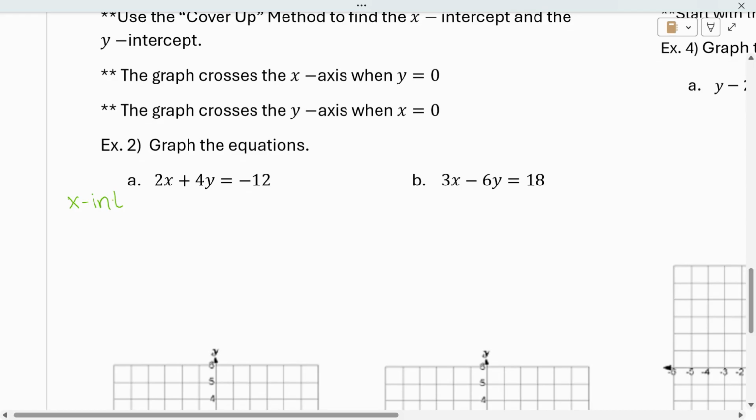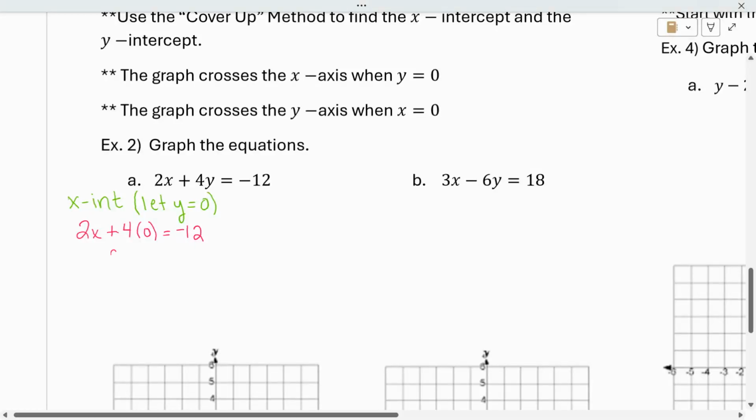We're going to find the x-intercept, and that just means that we let y equal 0. So let's see, that's 2x plus 4 times 0 equals negative 12. But what is 4 times 0? 0.